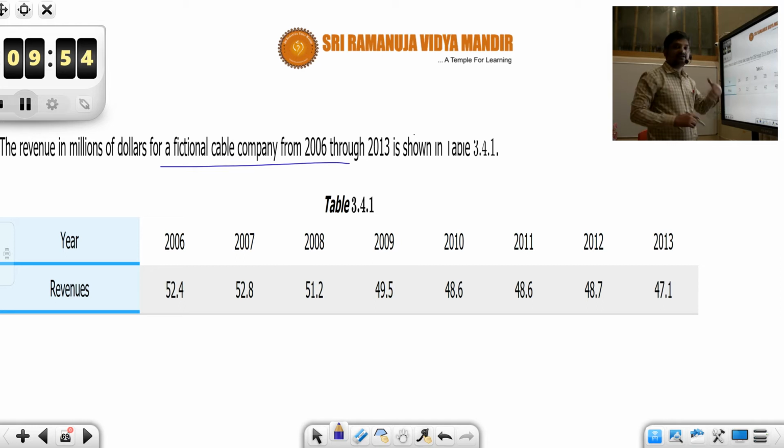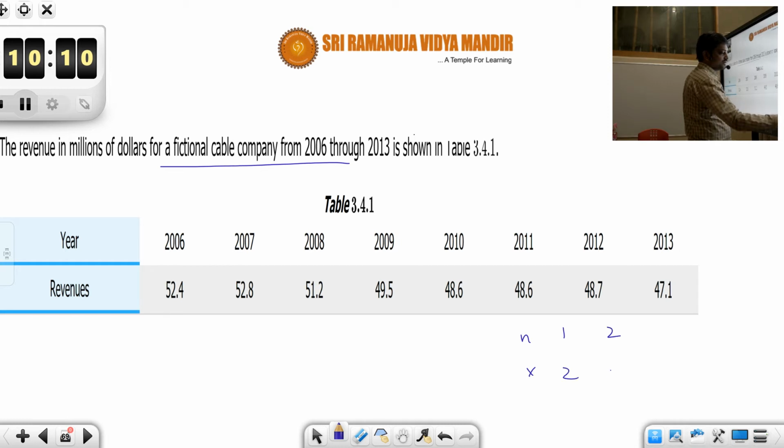So in this way, if we try to express the same thing in terms of an equation, what do we mean by expressing the data in terms of an equation? Say, for example, you are given that at n equal to 1, x is equal to 2, at n equal to 2, x is equal to 2, at n equal to 3, x is equal to 2. So in this example we can say that x is equal to 2 for all n.